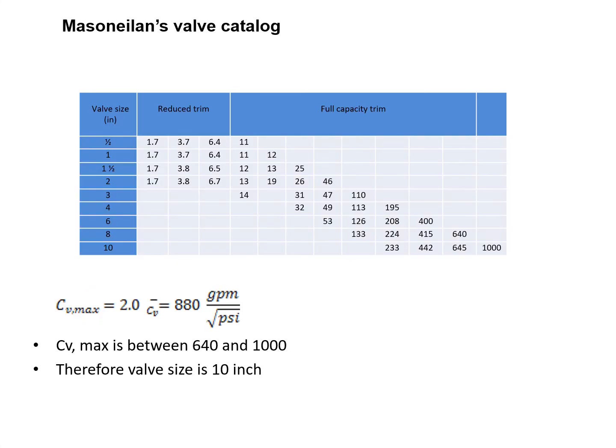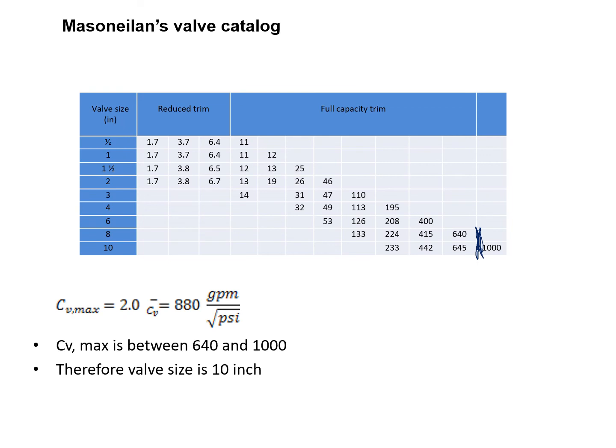So after we get the maximum CV, from that we can identify what size of valve may be used. We can see from this table, the value of 880 is in between here.